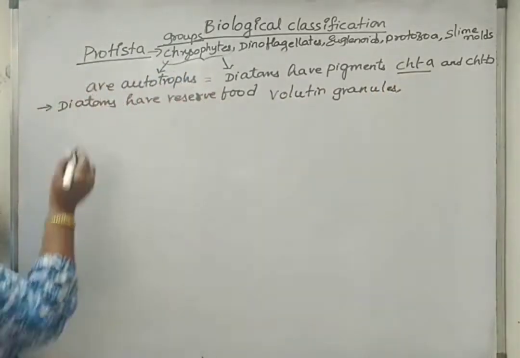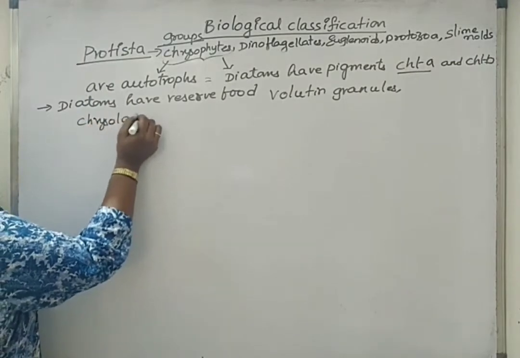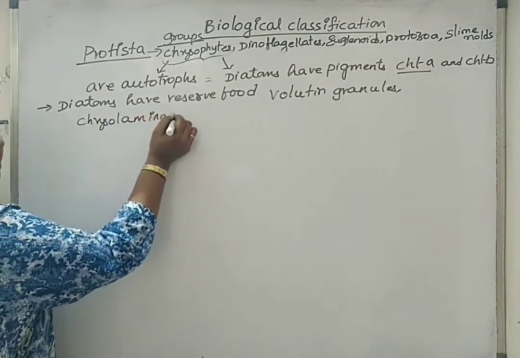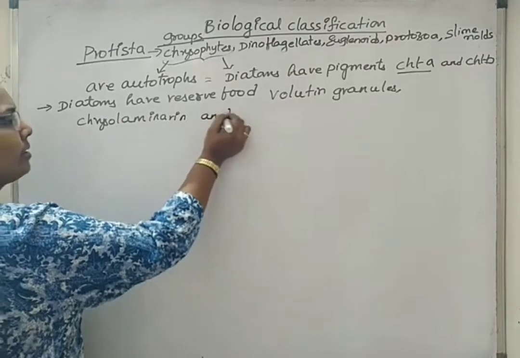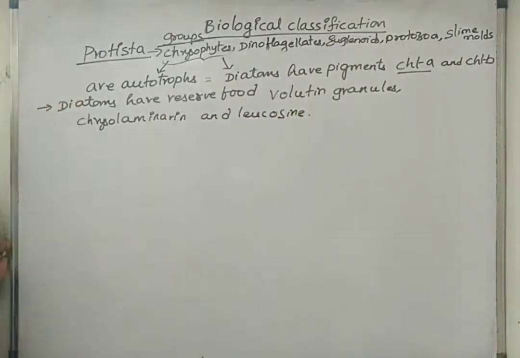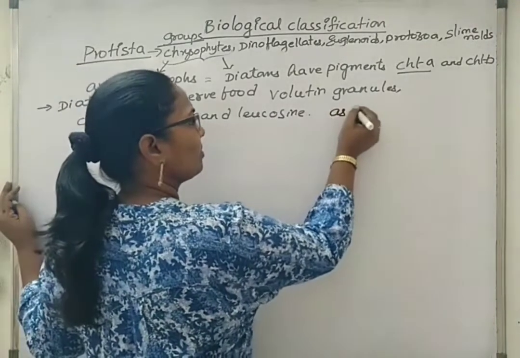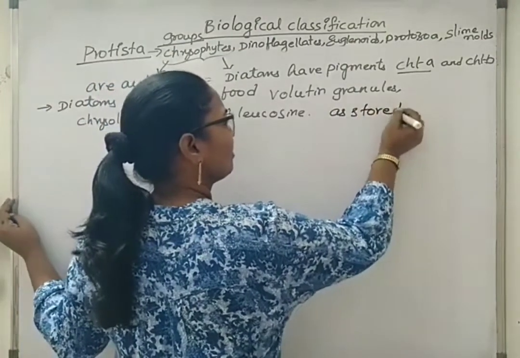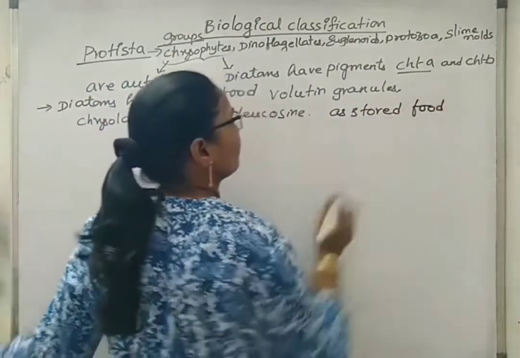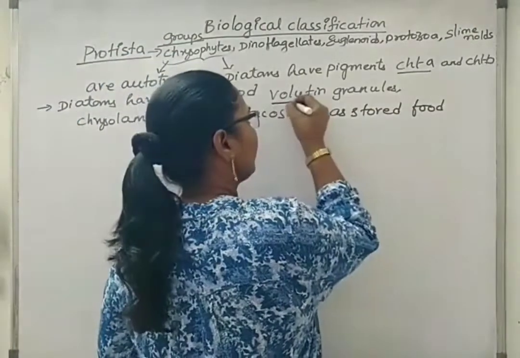Next, chrysolaminarin and leucosin as stored food material. Volutin granules have inorganic phosphates.